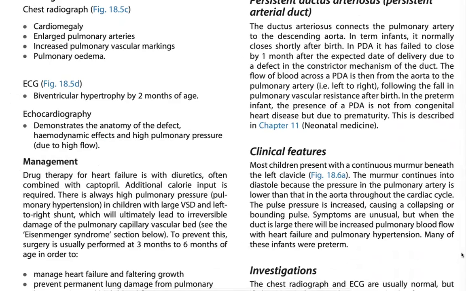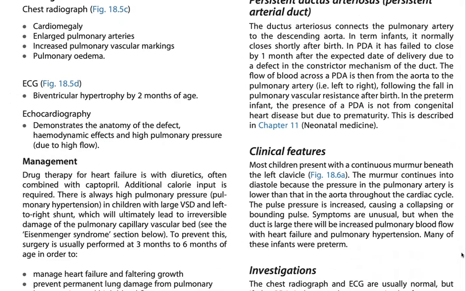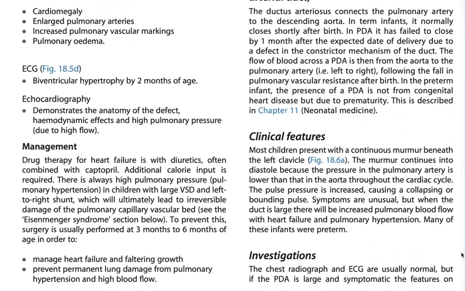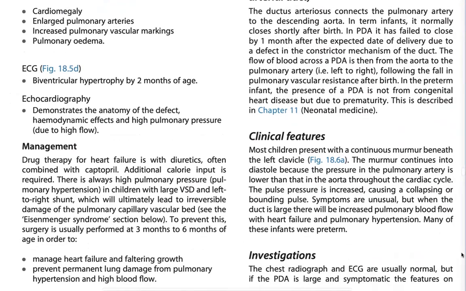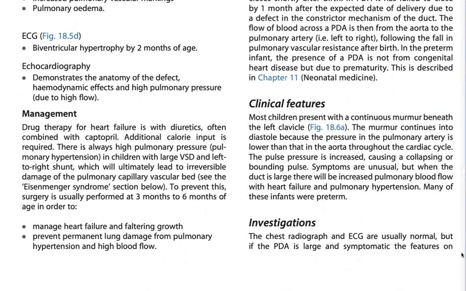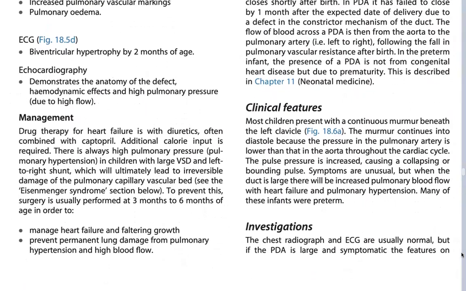Drug therapy for heart failure is with diuretics and ACE inhibitors. Large VSDs and inflammation should be treated to prevent damage to the vascular bed, usually from 2 to 6 months of age, in order to manage heart failure.